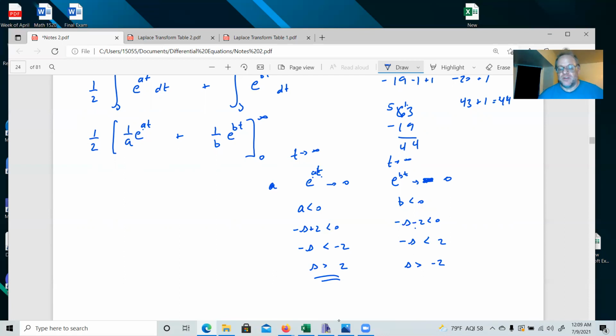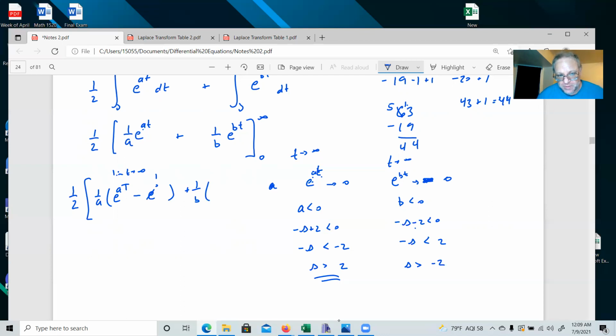So if a is negative, b is negative, then when I go through and do this, this is 1/2. We've got 1 over a here, and I've got e to the a capital T, that's my limit as t goes to infinity here, minus e to the 0, which is 1, plus 1 over b.